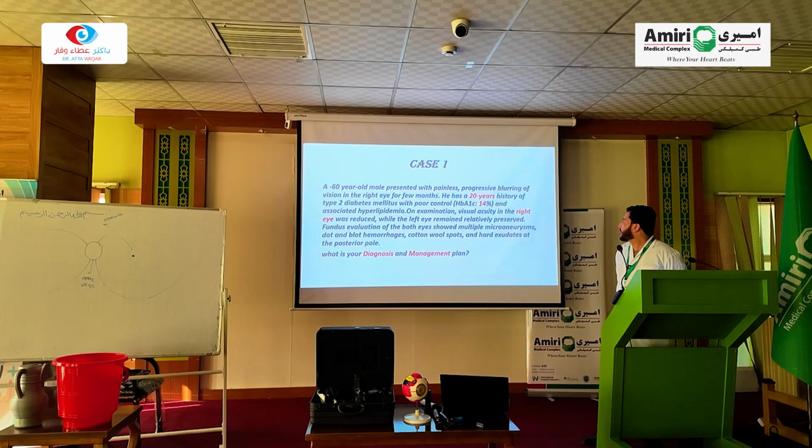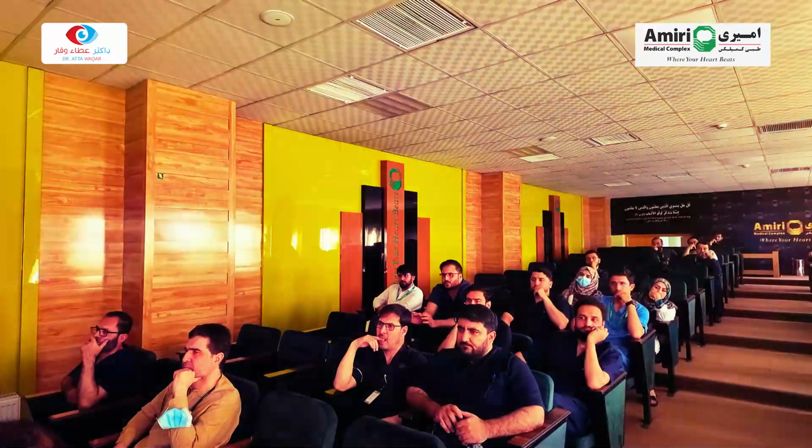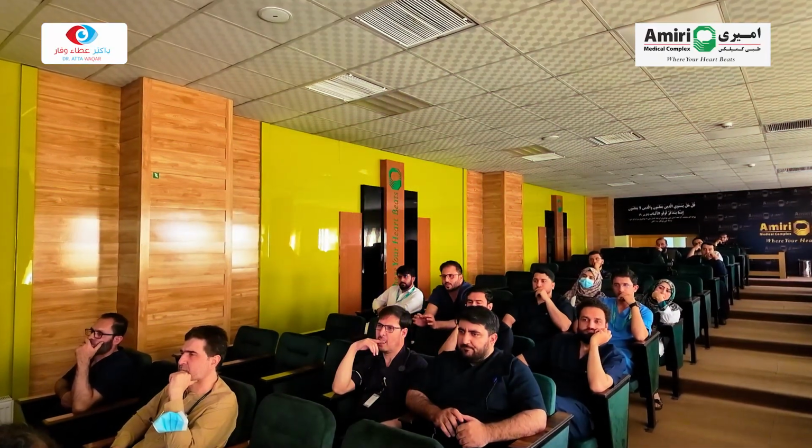He has a 20-year history of type 2 diabetes with poor control, HbA1c 14% and severe hyperlipidemia. On examination, visual acuity in the right eye was reduced, while the left eye remained relatively preserved. Fundus evaluation of both eyes showed multiple microaneurysms, dot and blot hemorrhages, cotton wool spots, and hard exudates in the posterior pole. What is the diagnosis and the plan?